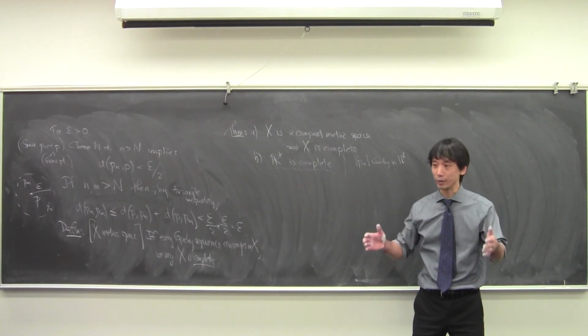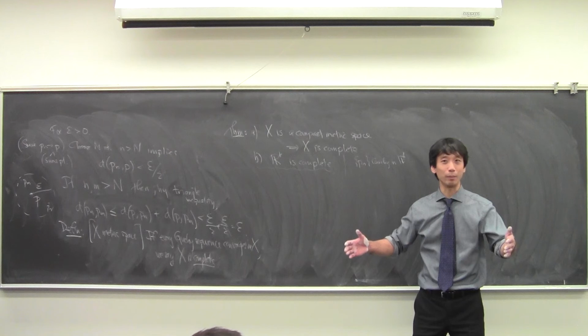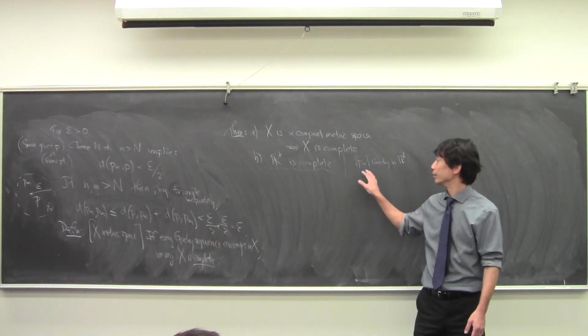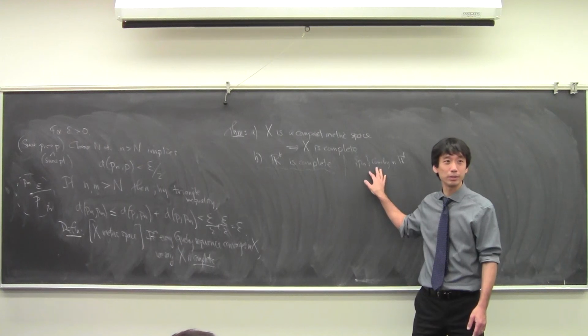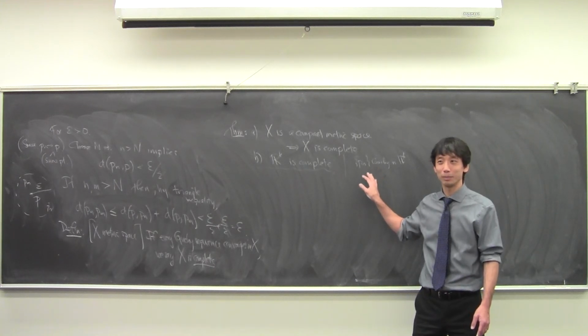And the reason was if you're bounded, then you live inside of a compact set. Okay, so what are we going to do with this Cauchy sequence? Anyone have an idea? It's okay.